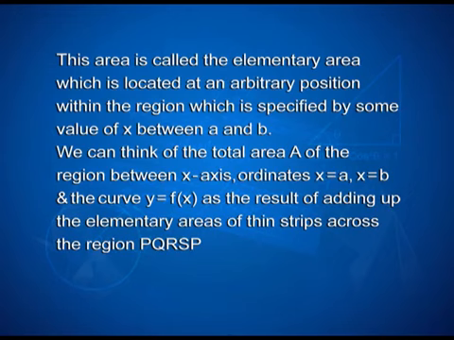We can think of the total area A of the region between x axis, ordinates x = a, x = b and the curve y = f(x), as the result of adding up the elementary areas of thin strips across the region PQRSP. But it is only the numerical value of the area which is taken into consideration.